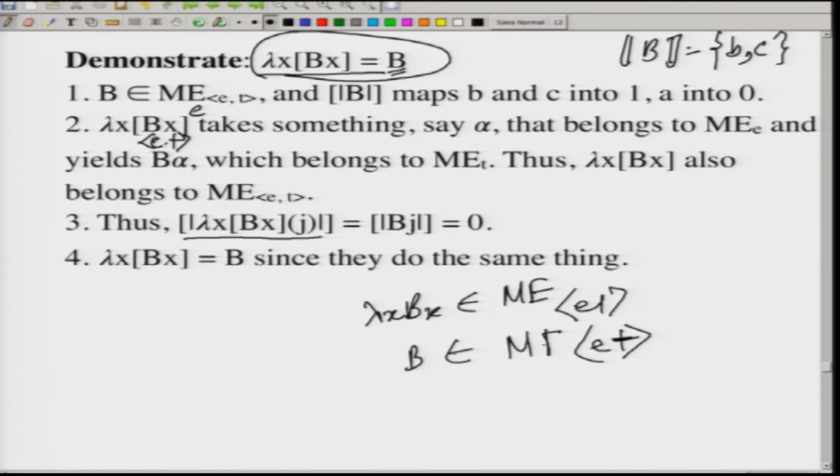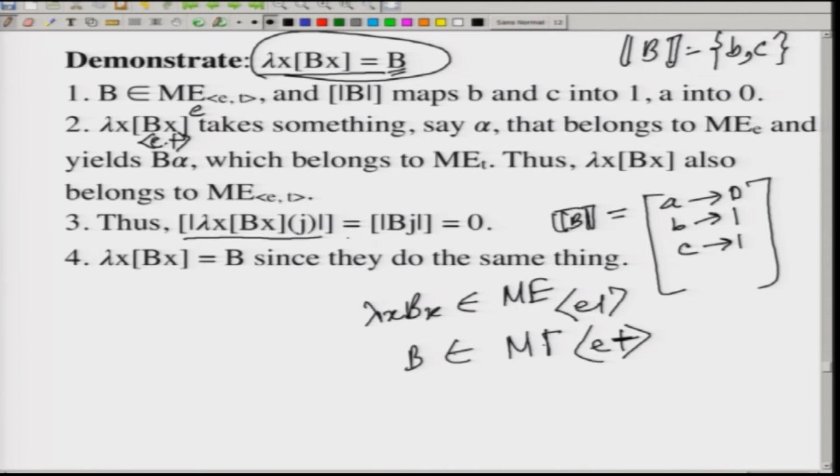What is the mapping B establishes? The value of B is this mapping, which maps A into 0, B into 1, C into 1. You see, this function lambda x b x does the same thing. It takes j, and what is the value of j? It is actually A, and it maps that to 0.